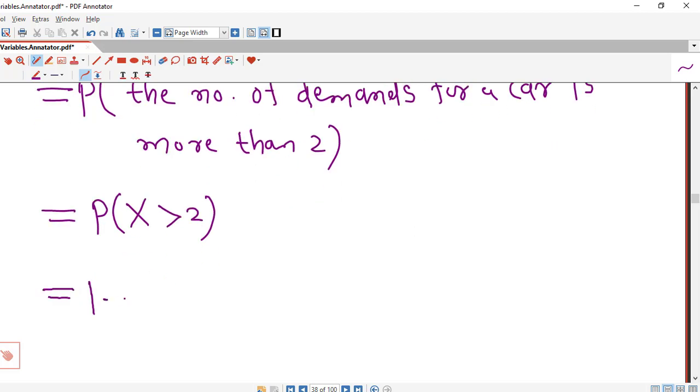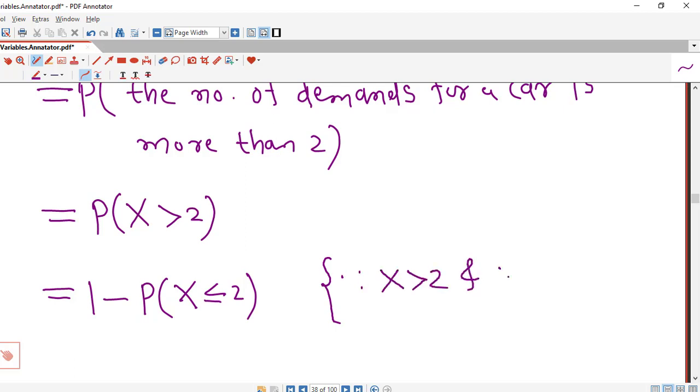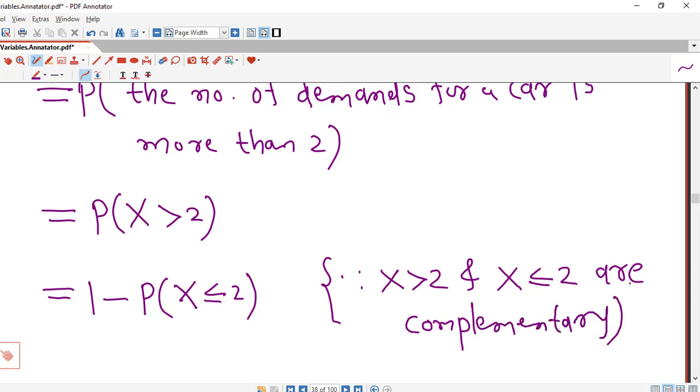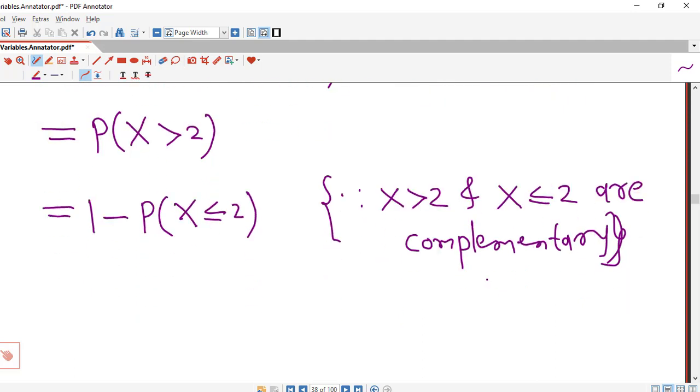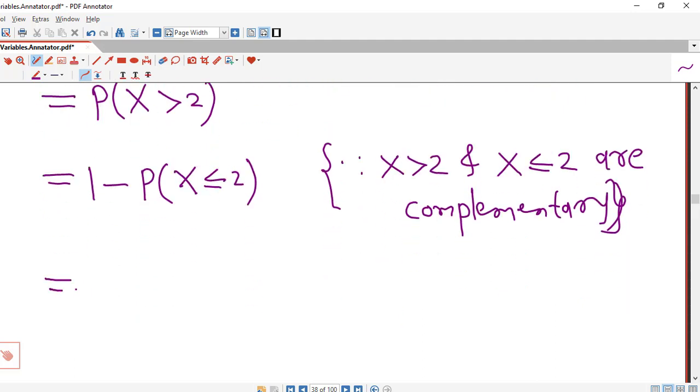And we can use the concept of complementary event. This we can rewrite as 1 minus the probability that X is less than or equal to 2, because we know that X greater than 2 and X less than or equal to 2 are complementary events. So the sum of their probabilities must be 1.